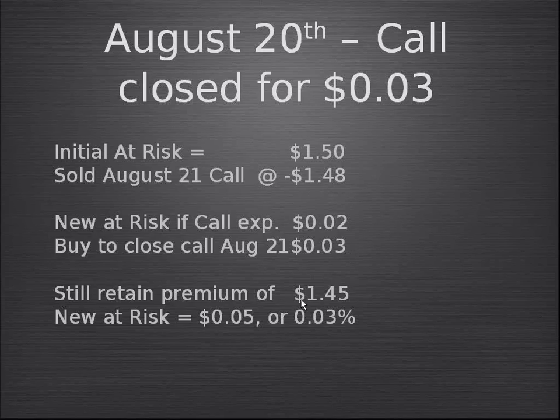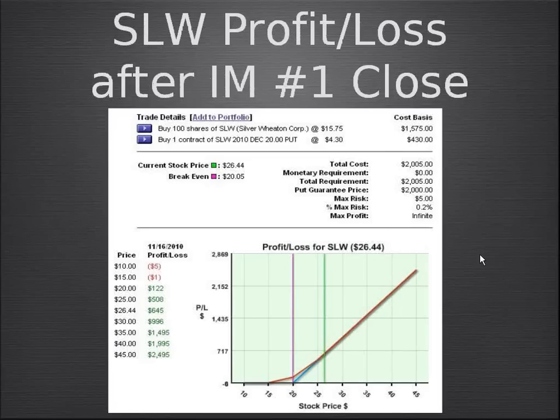Now, I'm still going to retain a premium of $1.45. Remember, we collected $1.48 and bought it back for 3 cents. So of our original $1.50 we had at risk, we're going to keep this down now to just 5 cents, and this should be 0.3% of our total investment.